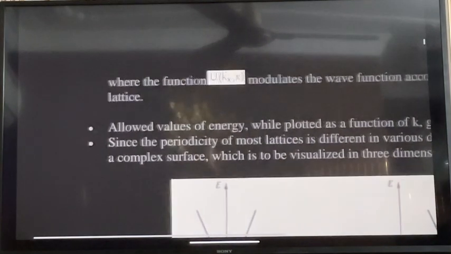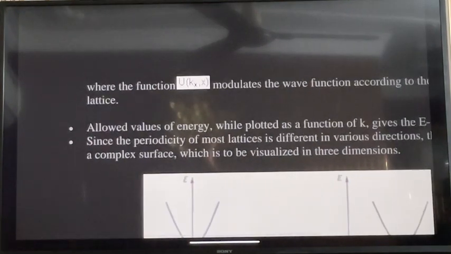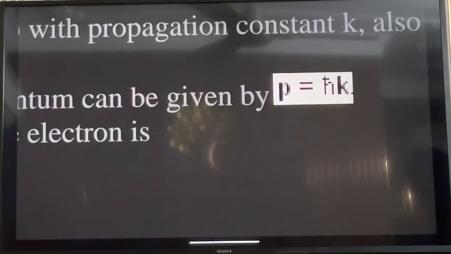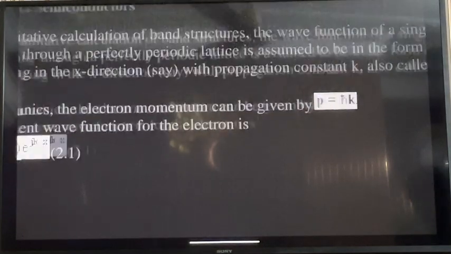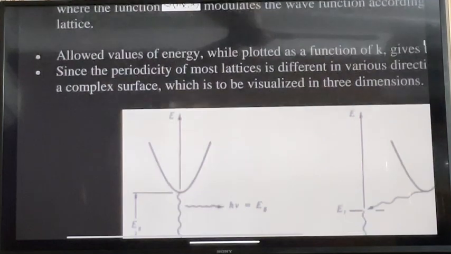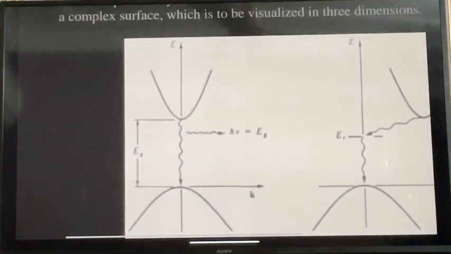By plotting the allowed values of energy as a function of k, which is directly proportional to the momentum of an electron, basically we are plotting the proportionality constant of the momentum of an electron with respect to the allowed energy states. We get this kind of a diagram.